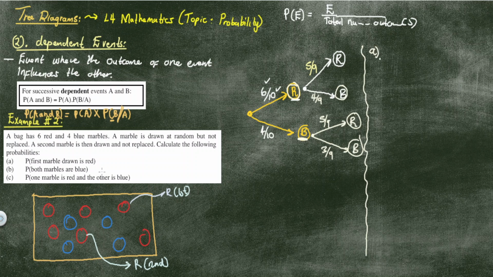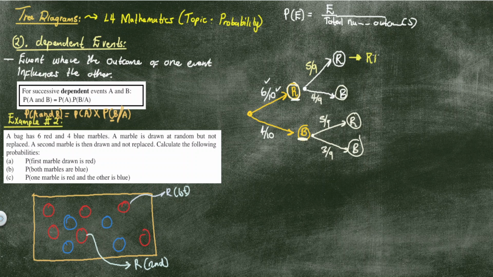Now at A. Calculate the following probabilities. Calculate the probability that the first marble drawn is red. Let me list my outcomes. For this branch, what are the outcomes?